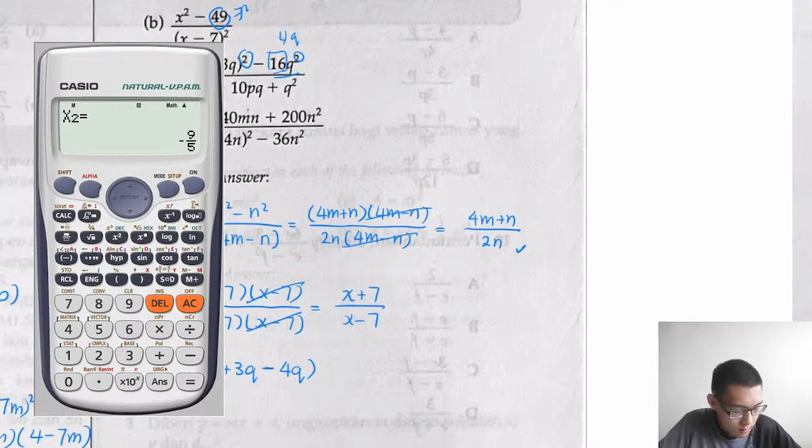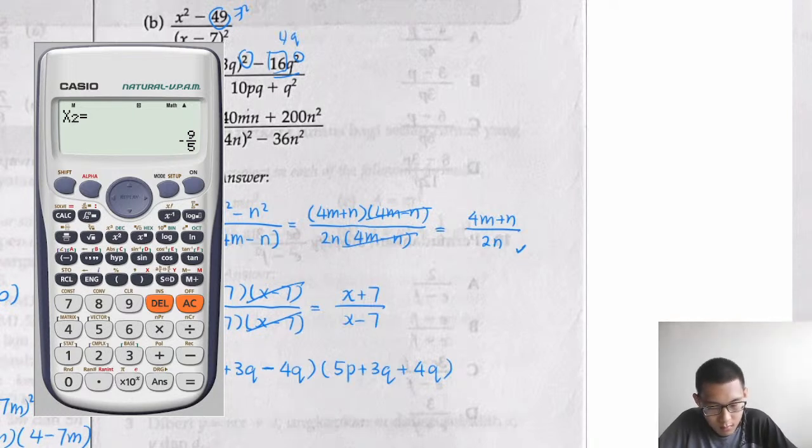Okay, if minus, next we need to plus. This one don't confuse. Okay, let's see this one, because 5p plus 3q is here, the first one. The second is this, we need to check, is the 4q. Okay, so we use this one, the first minus second, the first plus the second, okay, like that.